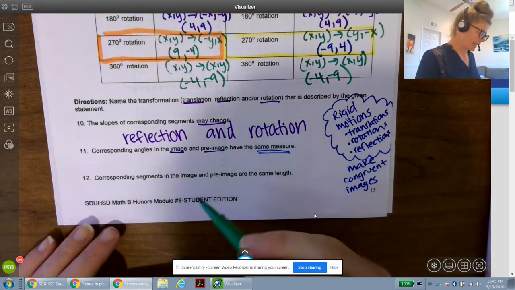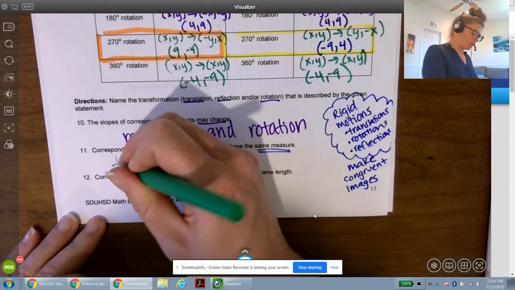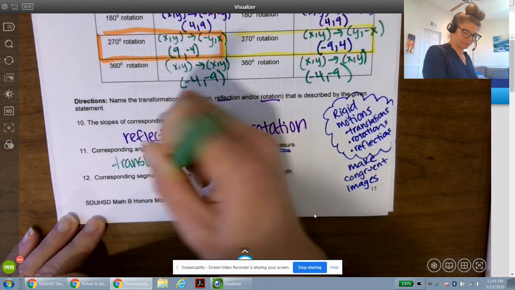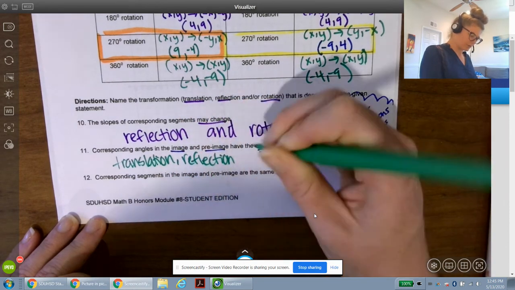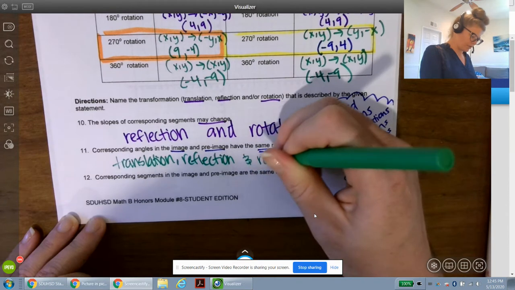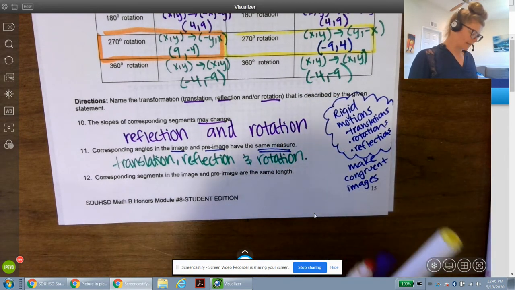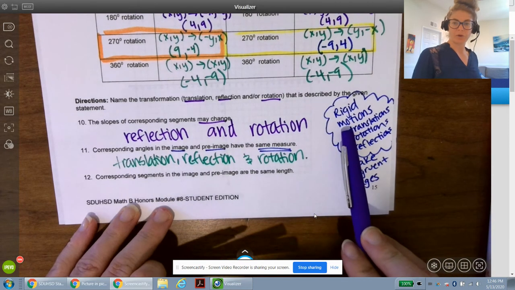So if we take a look, corresponding angles in the image and pre-image have the same measure. That's going to be all three: translation, reflection, and rotation. Corresponding segments in the image and pre-image are the same length. Well, that's what it means to be a rigid motion.